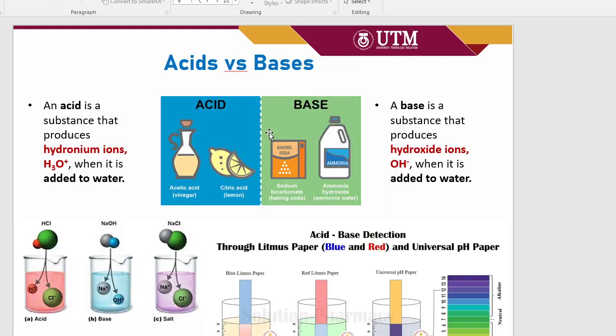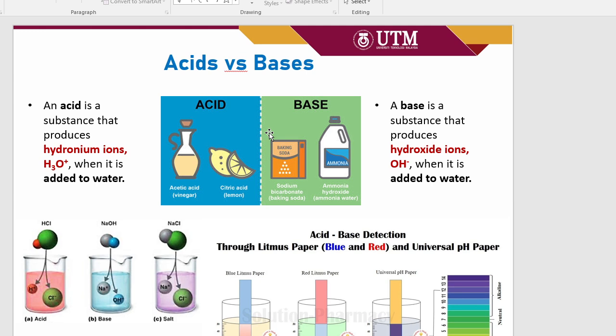Now we will go through another interesting topic, which is the chemistry part. We talked about the biological part; now we will cover some simple chemistry information, about acids and bases.